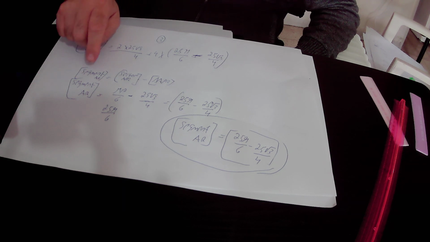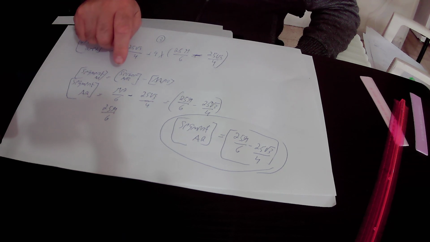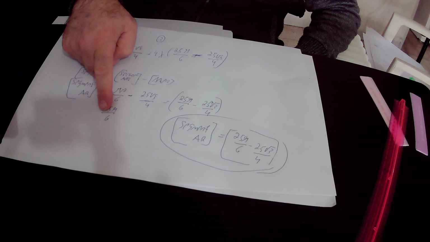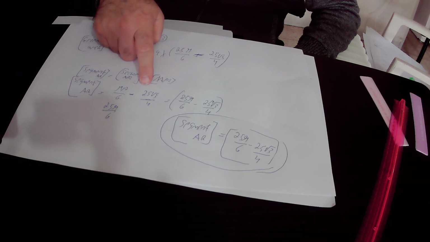And we have already found out that the area of sector APQ equals pi r squared over 6. R equals 5, so 5 squared is 25. So the area of sector APQ is 25 pi over 6 minus the area of triangle APQ. We have already found out that the area of triangle APQ equals 25 times square root of 3 over 4.